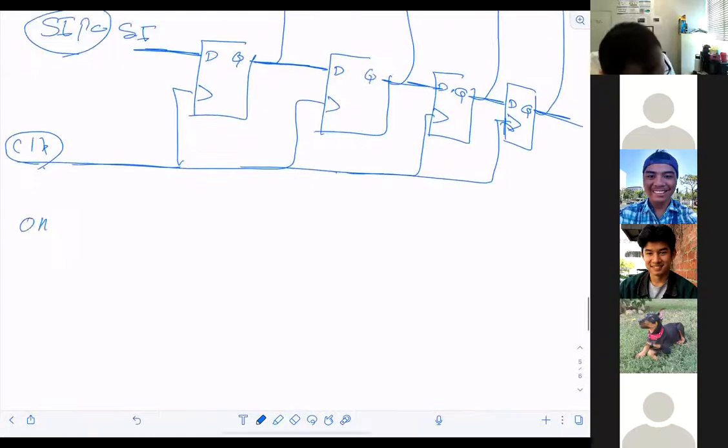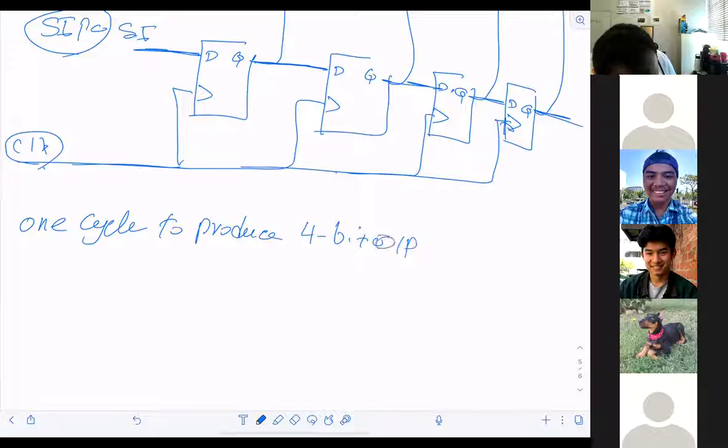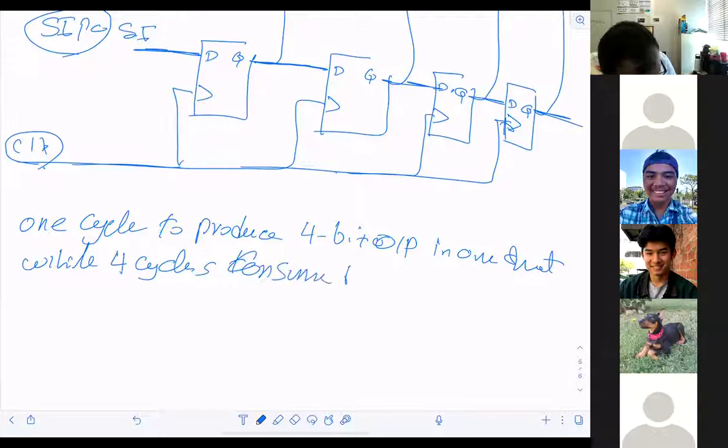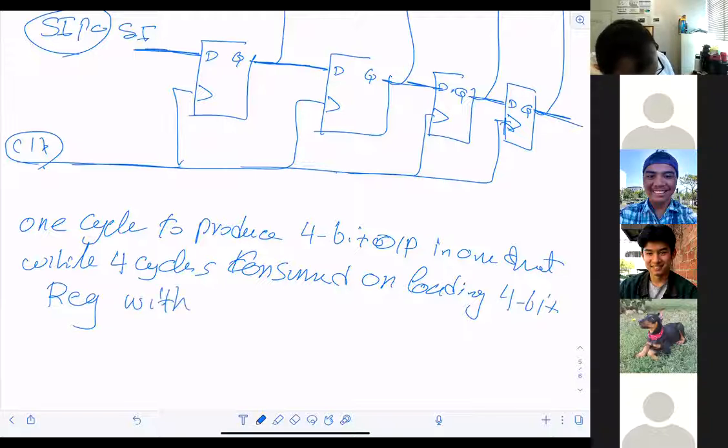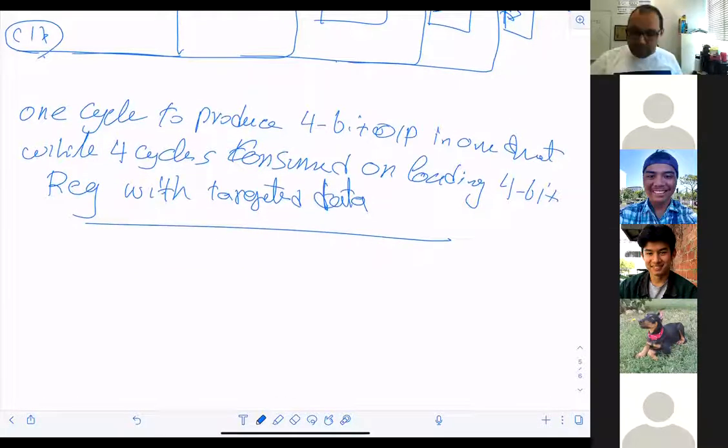So 1 cycle to produce a 4-bit output in 1 shot, while 4 cycles are consumed on loading the 4-bit register with the targeted data, which is opening the door to the pros and cons, right?